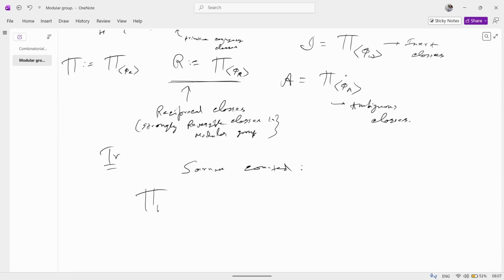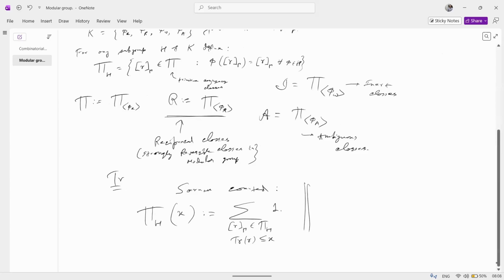So pi of H of x, you define it to be the sum of all classes in pi of H such that trace of gamma is less or equal to x. So this is the asymptotic that Sarnak counted for all these different classes.